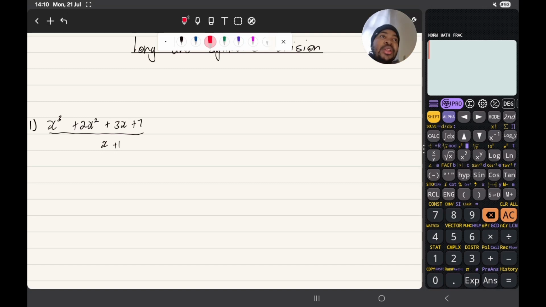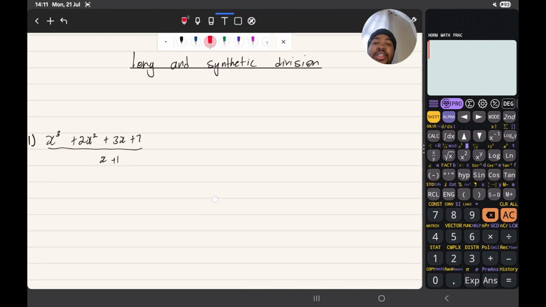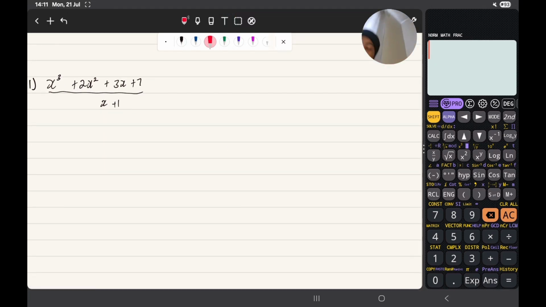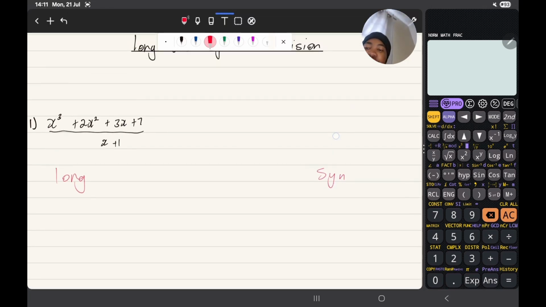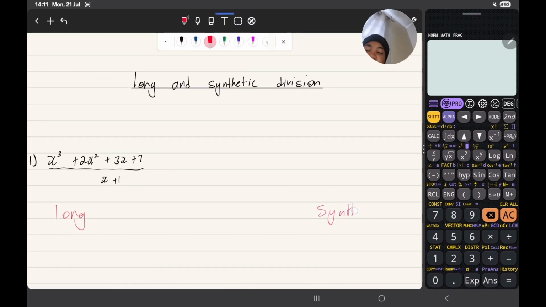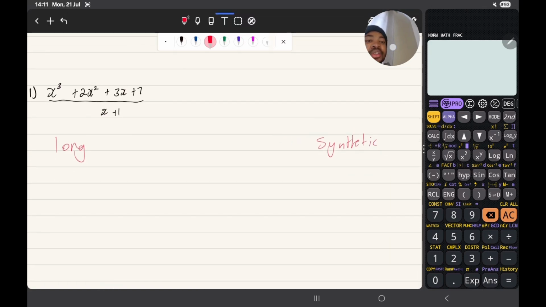The first one is synthetic, and the other one is long division. So this side will go long and this side will go synthetic.